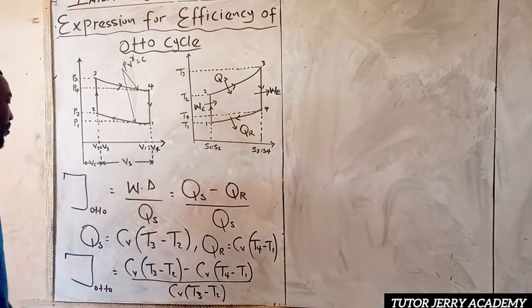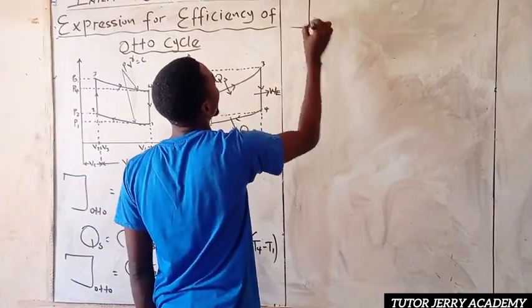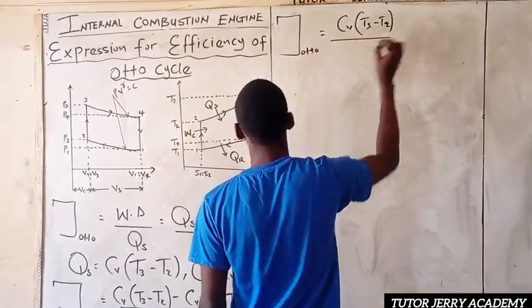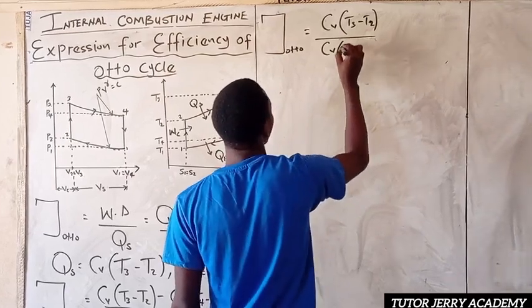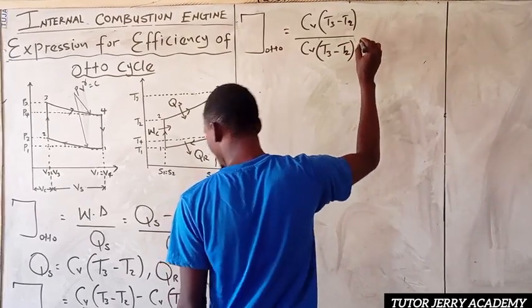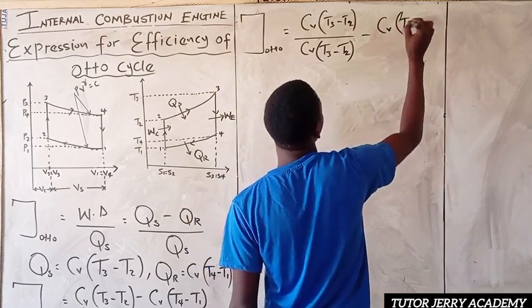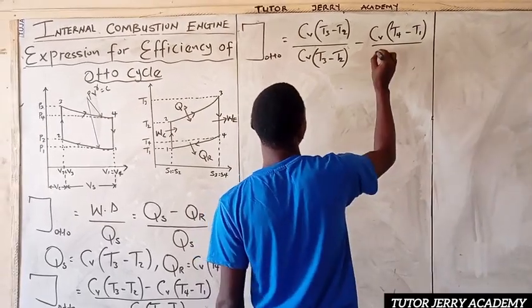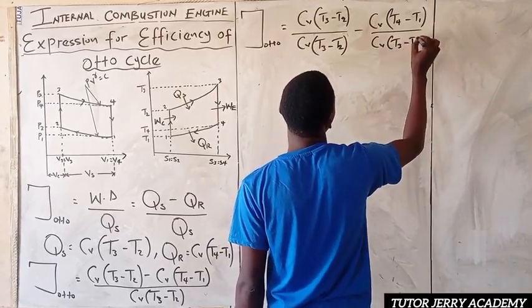All right. So now we can rewrite this as this. Otto efficiency is CV into T3 minus T2 minus CV into T4 minus T1, all over CV into T3 minus T2.